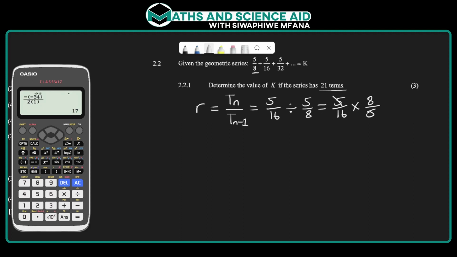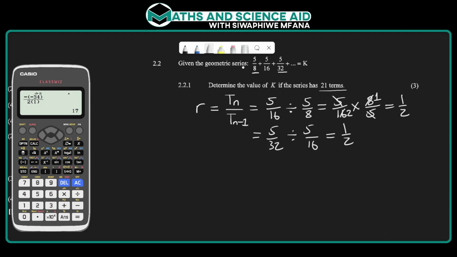And so 5 is going to cancel with 5, and 8 goes into 8 once, but 8 goes into 16 twice. So the answer here is 1 over 2. And of course, you can also work this out by taking 5 over 32 and dividing it by 5 over 16. This will also give you 1 over 2.